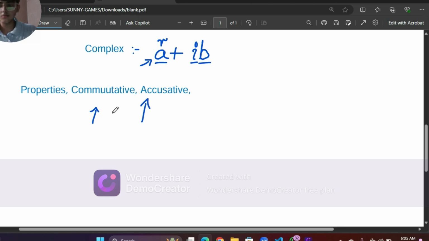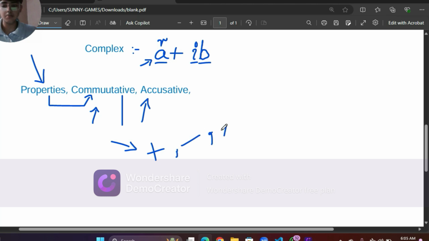What are properties basically? Properties are somewhat an asset of any particular term, such as if there's commutative, we will define it in its own operation, that is maybe plus, maybe minus, maybe multiplication, maybe division. That can be anything.